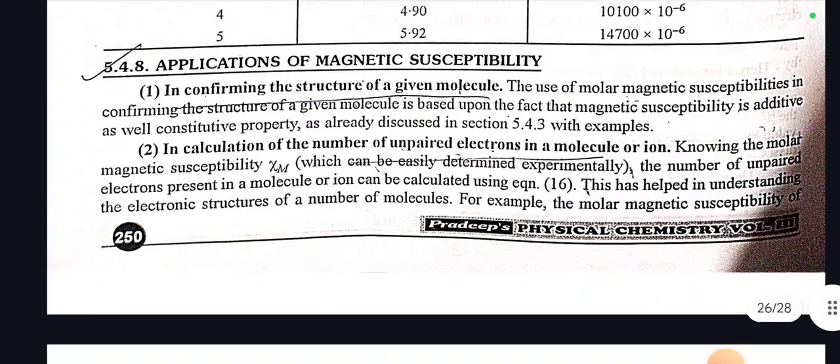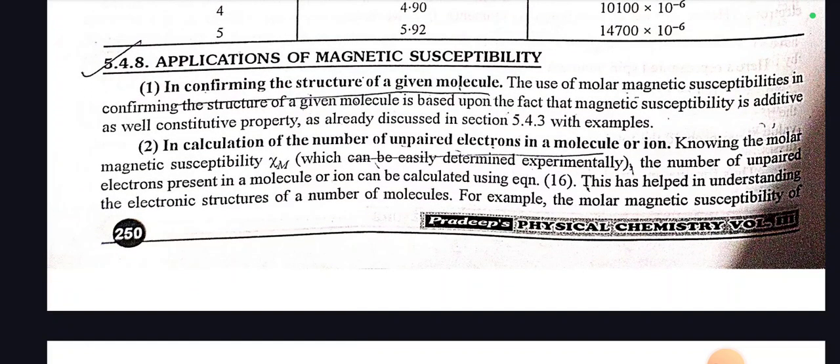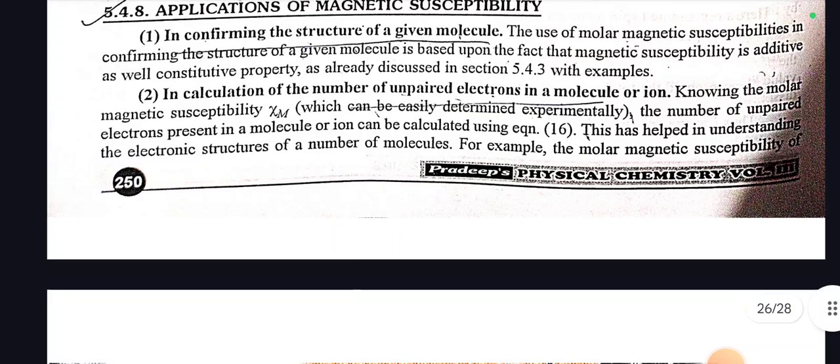Application of magnetic susceptibility. First, in confirming the structure of a given molecule. The use of molecular magnetic susceptibility in confirming the structure of a given molecule is based upon the fact that magnetic susceptibility is an additive as well as constitutive property, as already discussed in the section. Second, in calculation of the number of unpaired electrons in a molecule or ion.